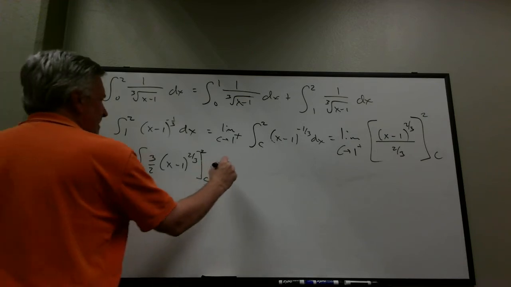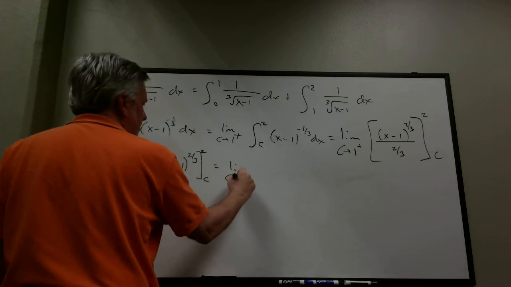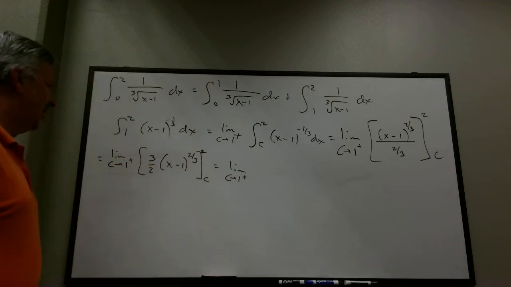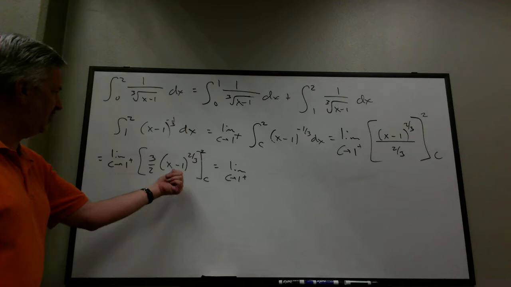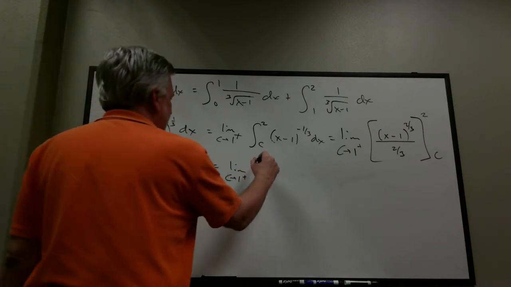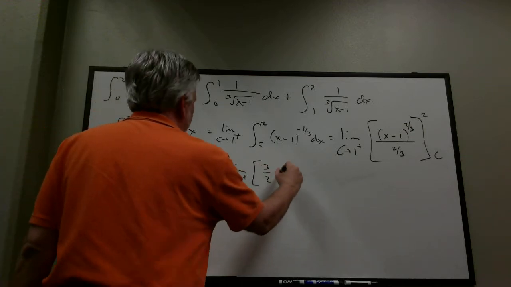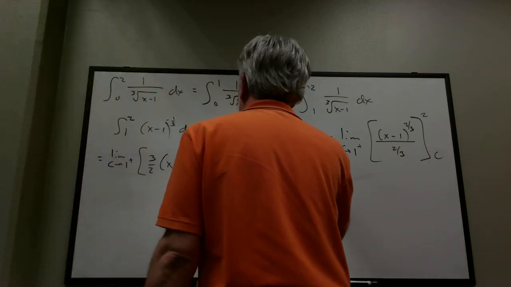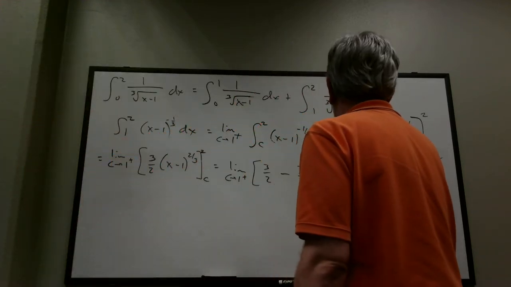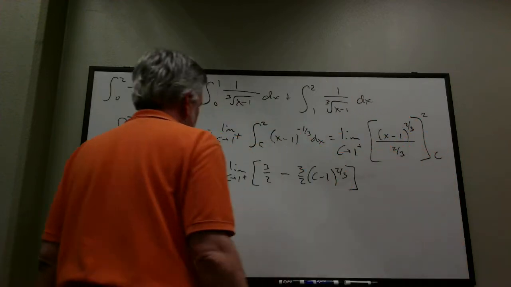Okay, so now I need the limit as c approaches 1 from the right. Now I'm plugging in 2, that's 1 to the 2/3, which is 1, so I'm getting 3/2. Minus, and now I need to plug in c. So it's 3/2 (c minus 1) to the 2/3. Let me check my work here.